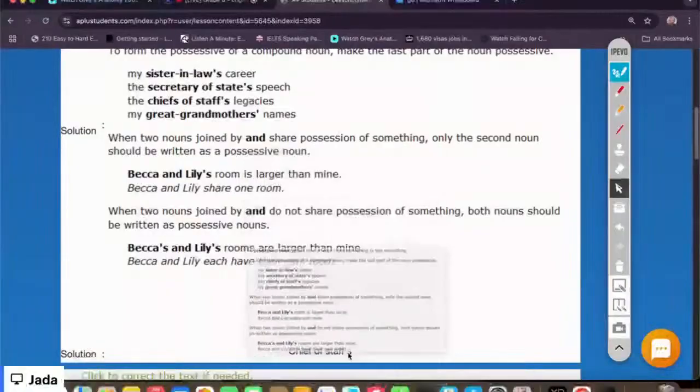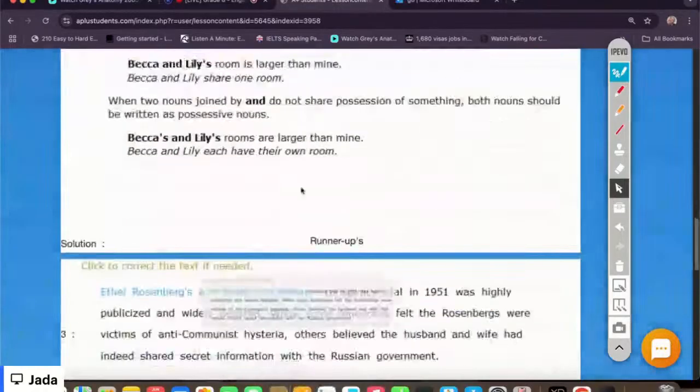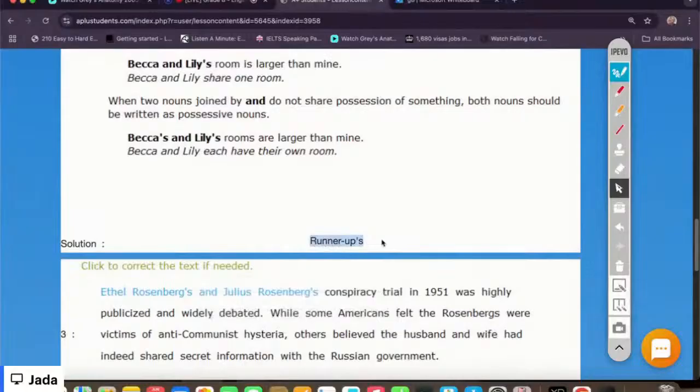Okay, so we have runners up. Even though Malia did not place first in her 5K meet, her runners up prize made all her months of training worthwhile. That is incorrect. For runners-up, you're supposed to have the possession in the second part.